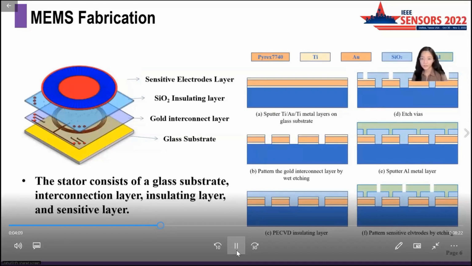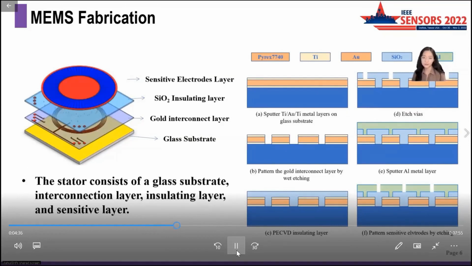Photolithography and wet etching are utilized to pattern the metal layers to form the interconnection layer to extract the signal of the sensitive layer. Then, silicon oxide is grown as the insulating layer, and the holes of interconnect vias are formed by photolithography and wet etching.